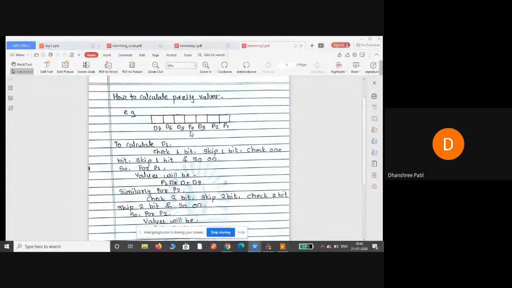P4 ची काढायची value, P4. If suppose P4 ची value काढायची असेल तर 4 bits check करायचे, 4 skip करायचे, but start from P4 only. हा, so check कुठले करणार मी, P4 D5 D6 and D7. These bits I have to check.